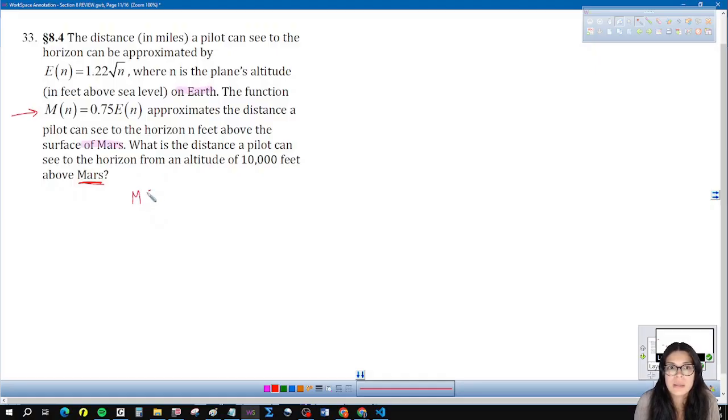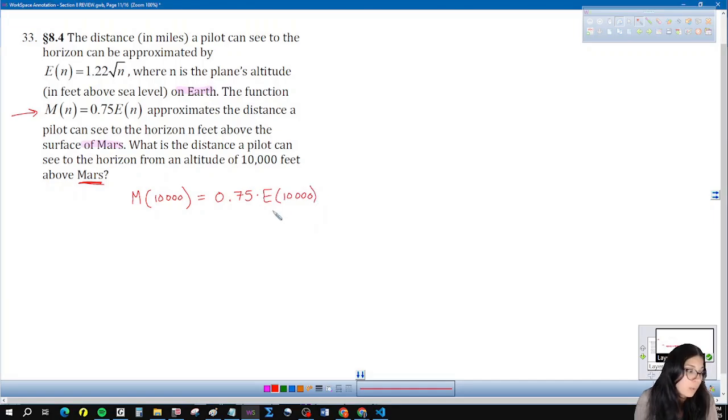So the distance that a pilot can see the horizon using Mars, and n, which is the plane's altitude, is 10,000 feet. So I'm going to plug in 10,000 for n. Now notice the equation for m of n is 0.75 times E of n, which n is 10,000.